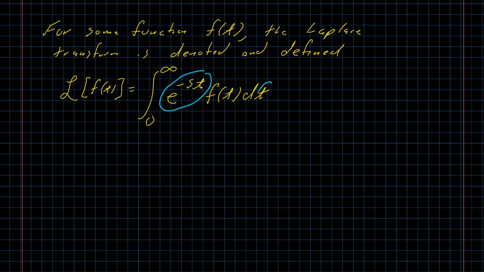And we're going to integrate over the variable of the original function. And when we do that, we're going to get some new function that no longer has t, because we're taking a definite integral over t, which means we're going to evaluate this function at every possible value of t, but every time we're going to involve a new variable s. So the result is a function of s.